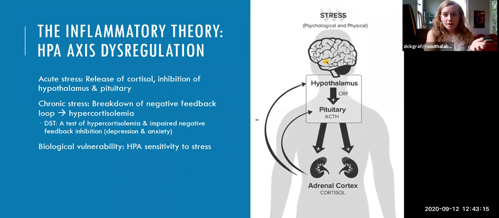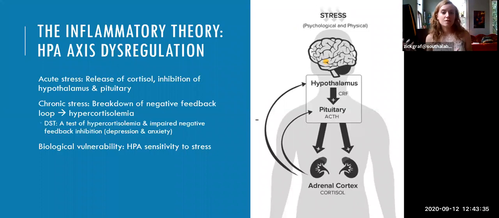So in the anxiety lectures, we talked a lot about how HPA sensitivity could be a biological predisposing factor to anxiety. If your fight or flight system goes off in response to sort of normal or less intense stressors than other people, that means that you'll be having a lot more fear and anxiety responses.